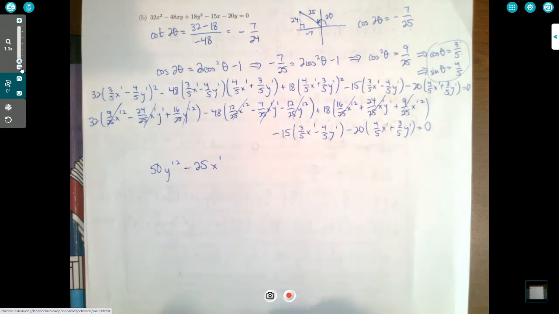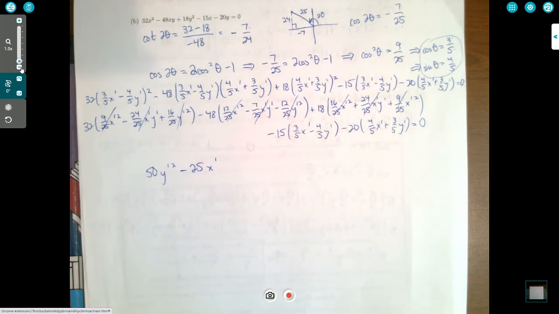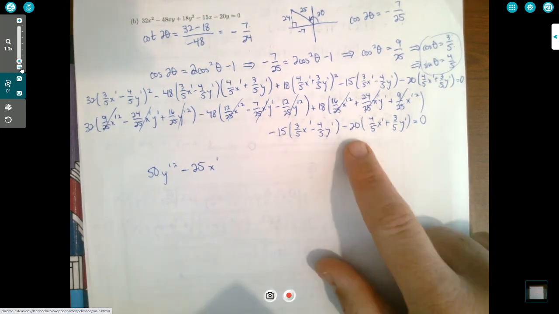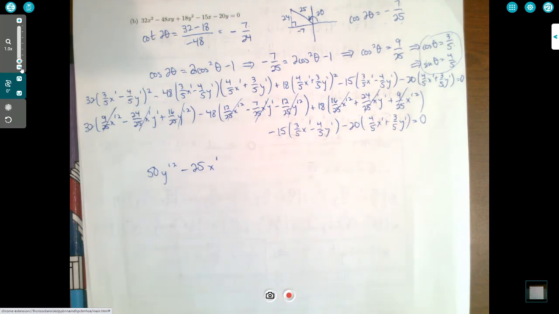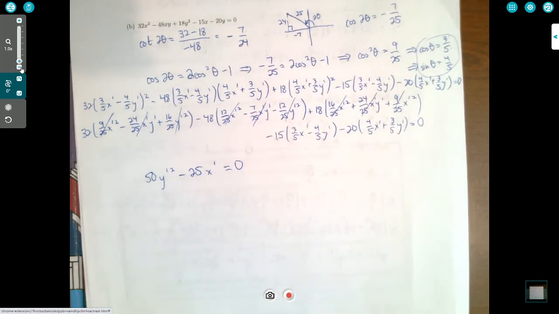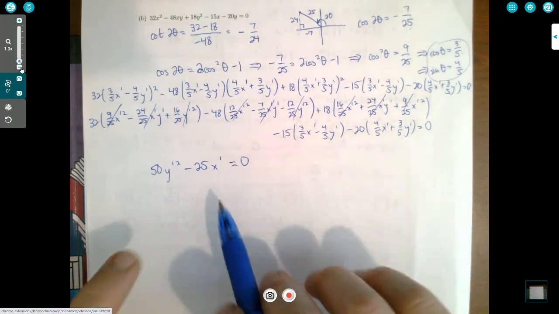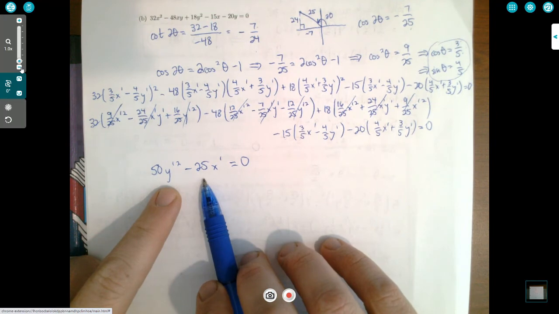And finally my y primes, I'm going to have a positive 15 times 4/5 minus 20 times 3/5. And that comes out to 0. So my y primes are also gone. So this thing just equals 0. Look at all that cancellation, right? It's kind of beautiful. Okay, this looks like a parabola, right?